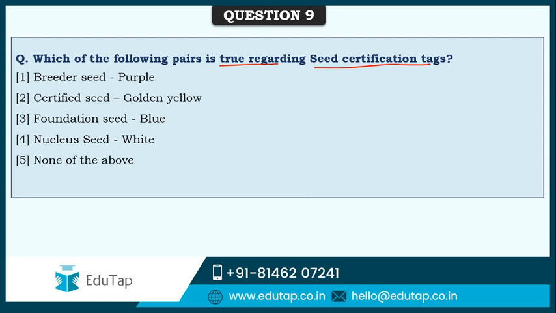Even cole crops, they are also horticulture crops, excuse me, they also have high seed multiplication rates. So here, seed certification tags, which of the following is true, or which pair is paired correctly?